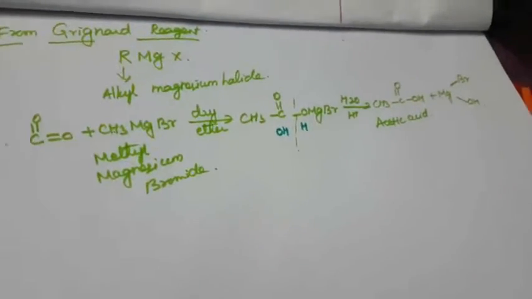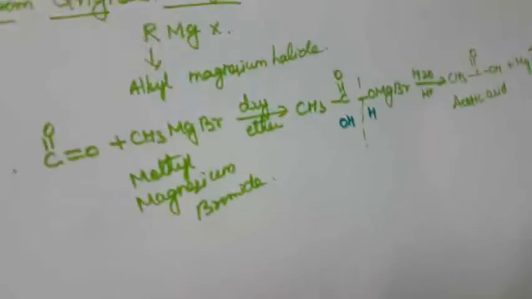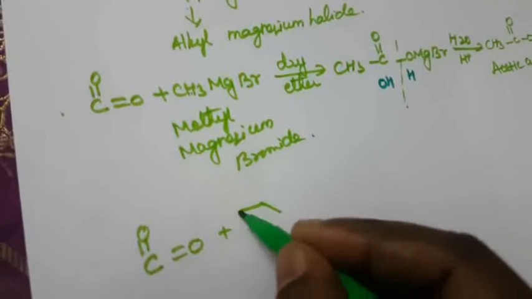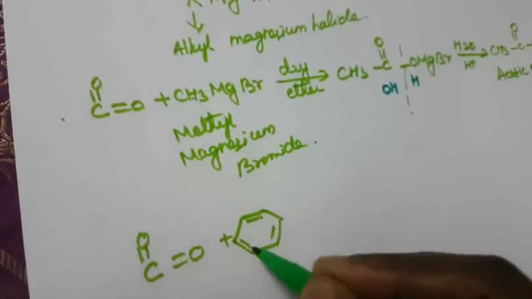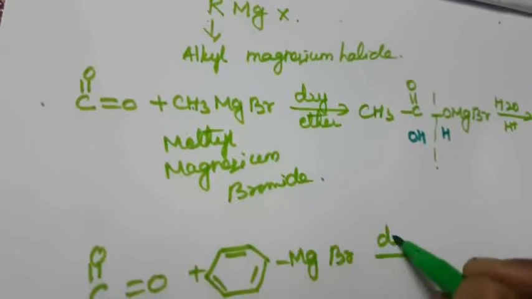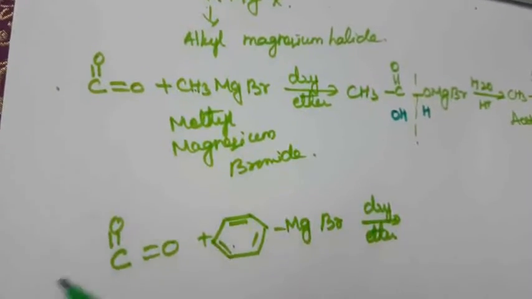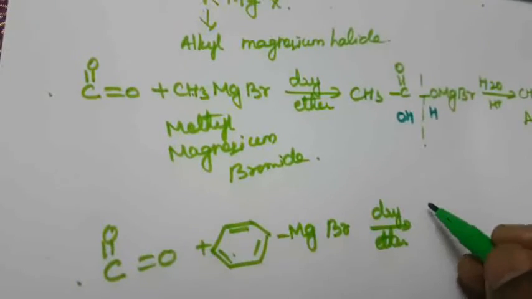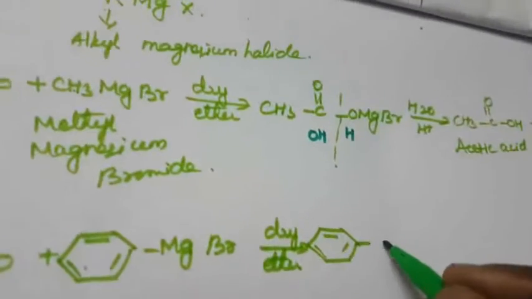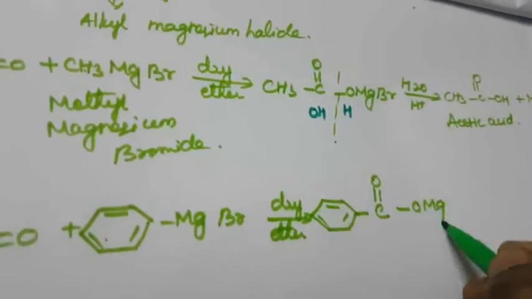This is the first preparation using Grignard reagent. Again the same with the aromatic Grignard reagent: a benzene ring with magnesium bromide in the presence of dry ether. One benzene ring attaches to the carbon, giving the carbon double bond O, OMgBr.